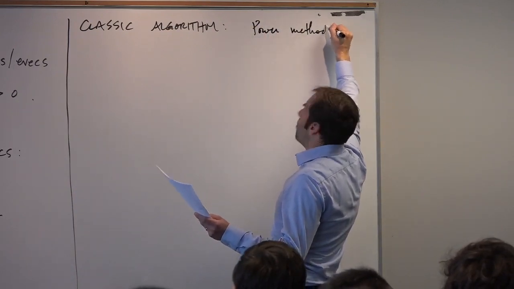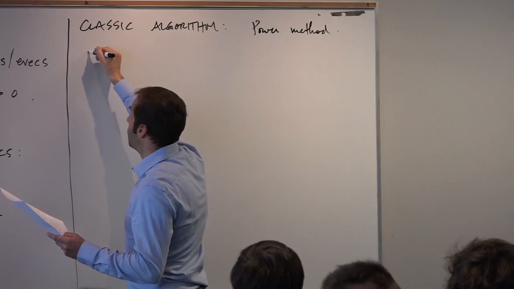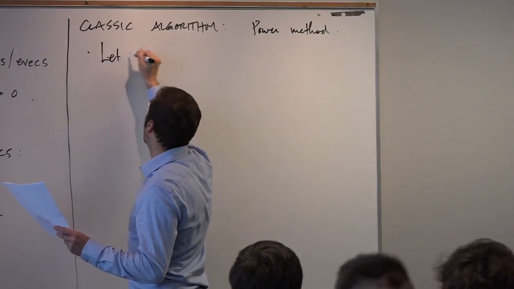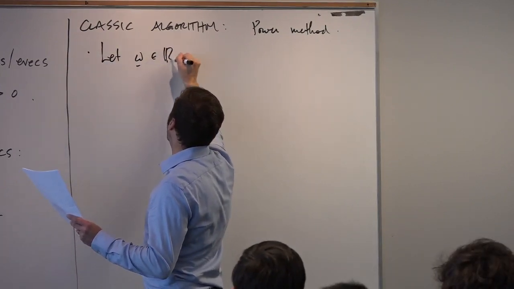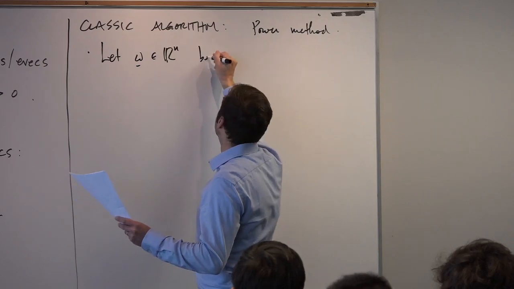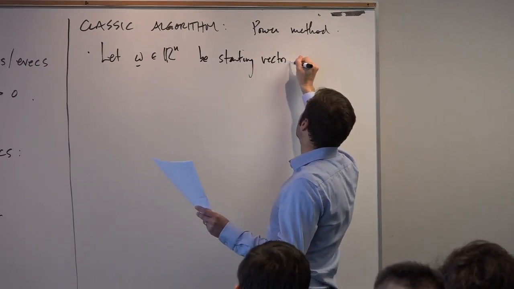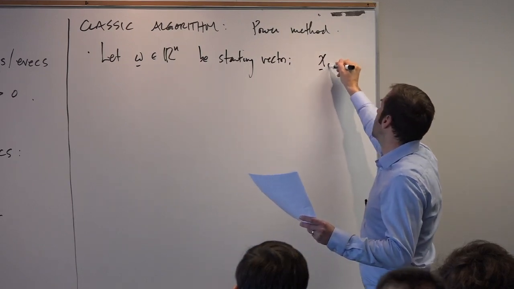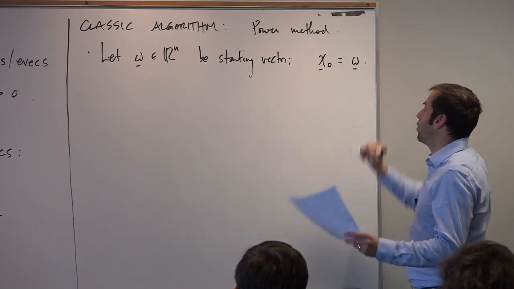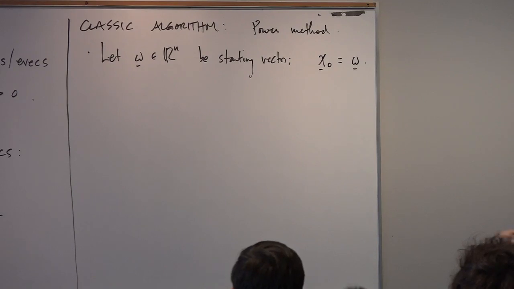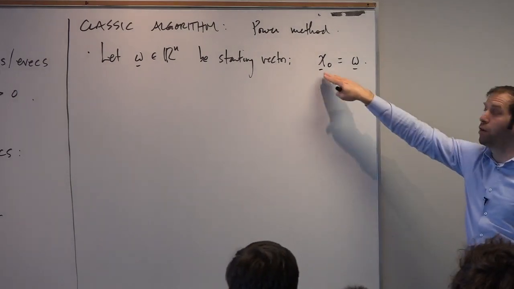So here's how the power method works. I'm going to be more detailed this time than I was last time. So we're going to let omega in R^n be a starting vector. And I'm going to set the initial iterate x0 equal to the starting vector. I like to distinguish where we start from the sequence of iterates.